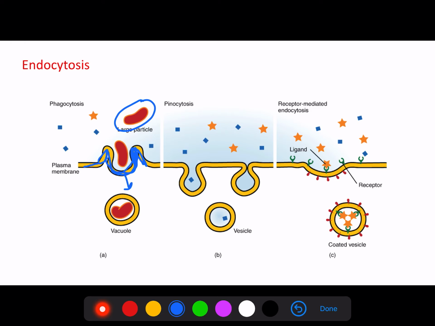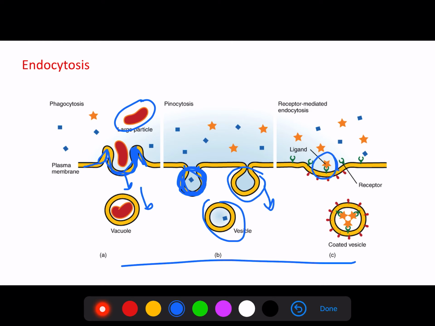Either the membrane would go a little bit outside its border or would form a groove and take it toward inside, or through a receptor. It doesn't matter. All have the same concept, that part of the plasma membrane will surround the desired particle and it will pop off and go down. This process would use ATP, and this is endocytosis.